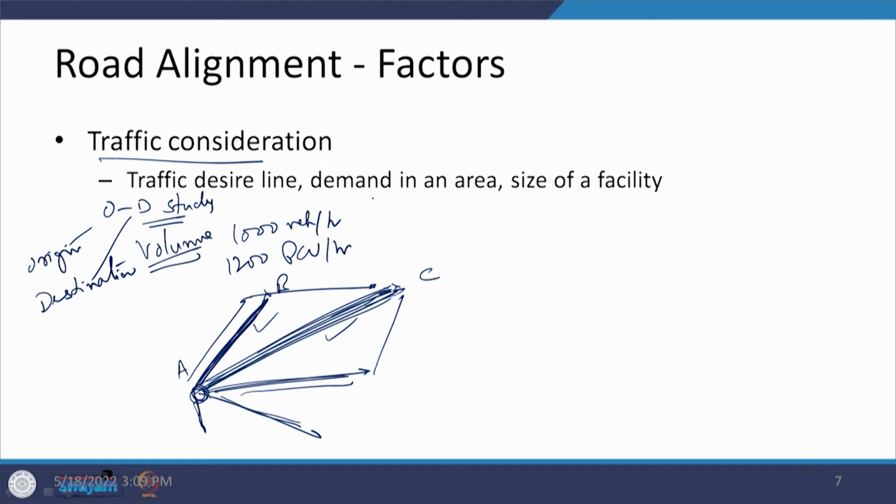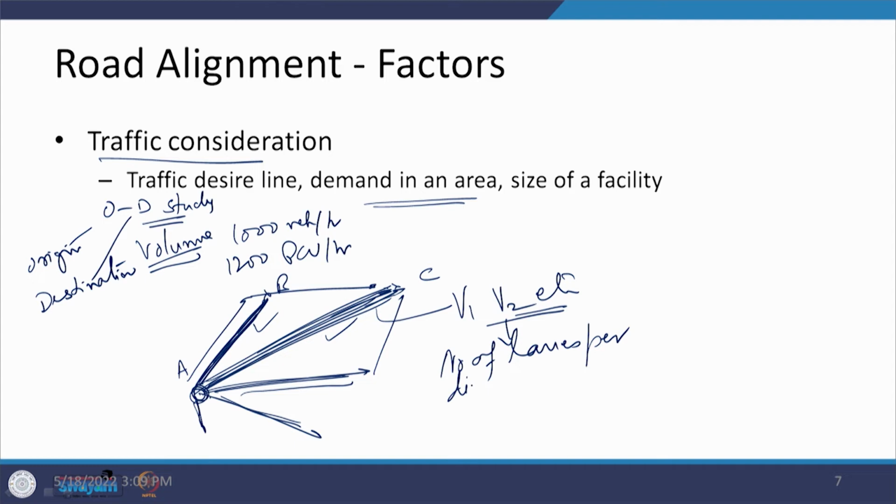So, when we look at that, we are trying to satisfy the demand in that particular area, but at the same time, what this volume V1, V2 etc. is going to translate into is the number of lanes which are required per direction.